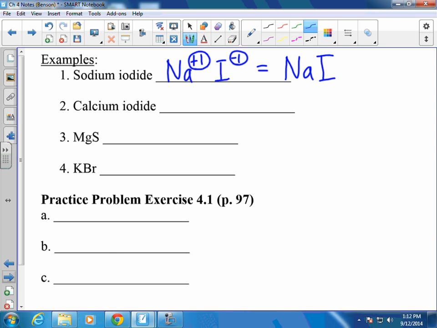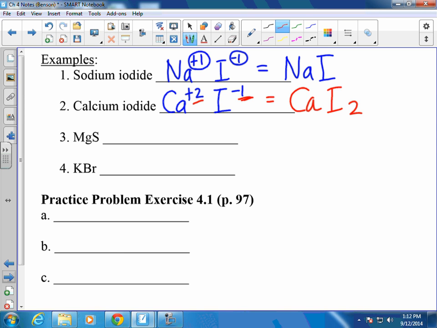If I go to the second one for calcium iodide, I can see that calcium has a +2 charge, iodine has a -1 charge. Now, I want to make this neutral. Well, in order to make this neutral, you should be saying to yourself, well, if I have 2 positives and 1 negative, it makes sense that I need 2 of these. So I would write down my formula, CaI2, because that's going to balance it out.